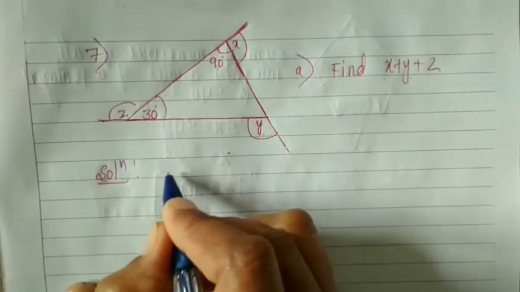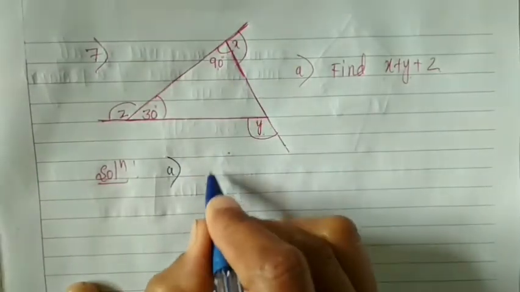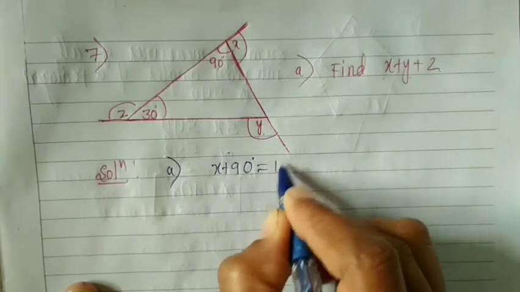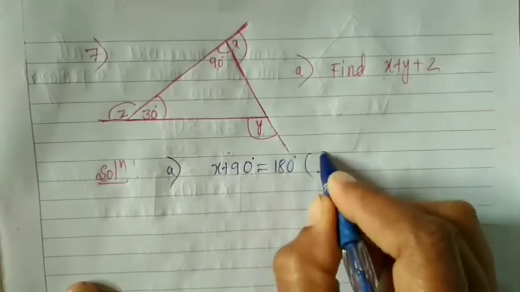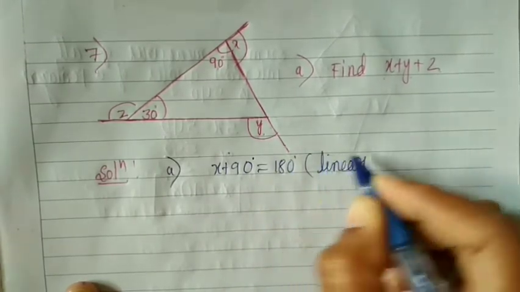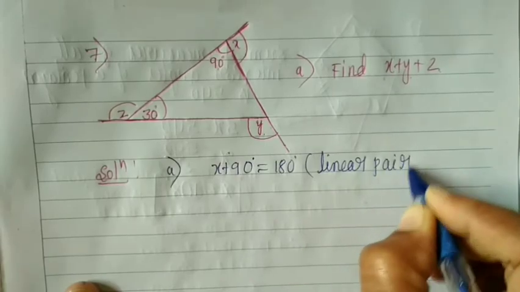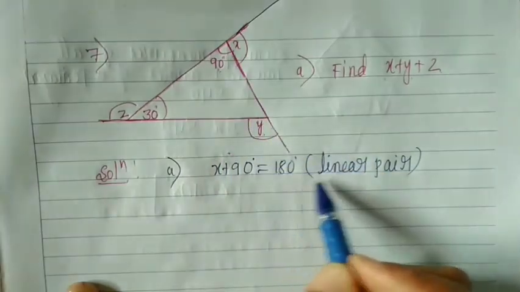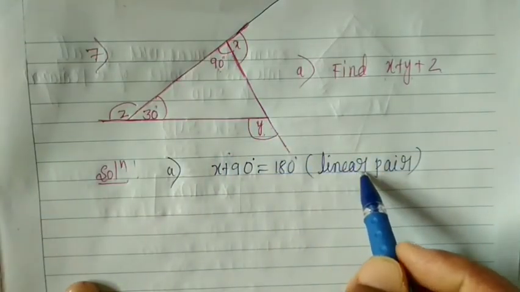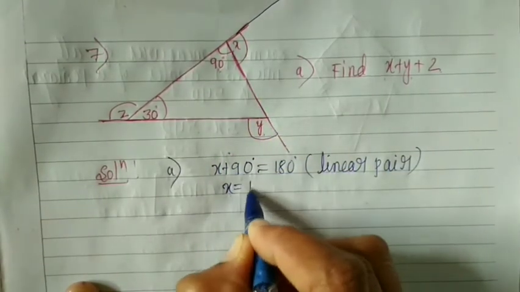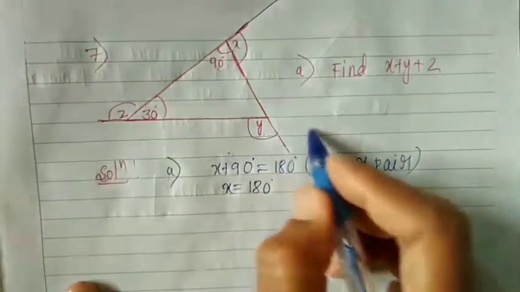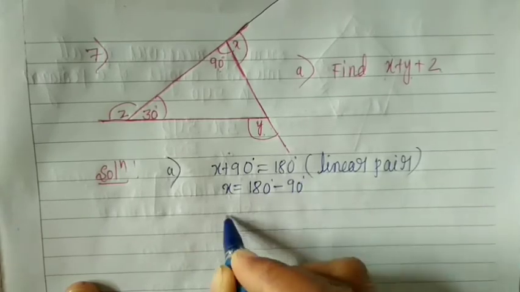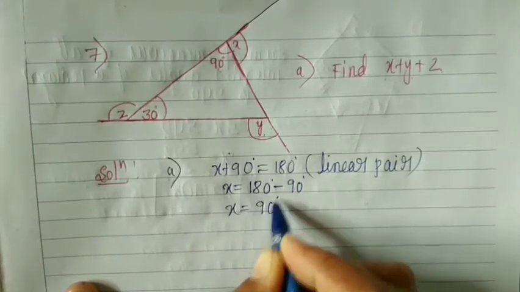So, first we can take x plus 90 degree is equal to 180 degree, linear pair. x is equal to 180 degree minus 90 degree. x is equal to 90 degree.